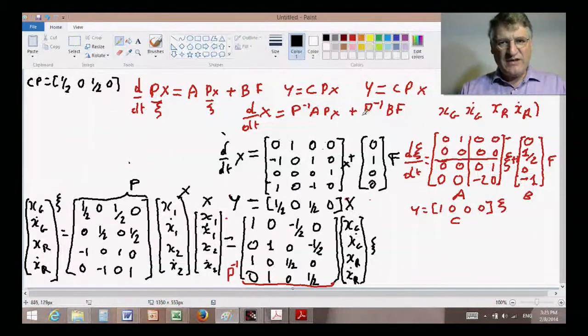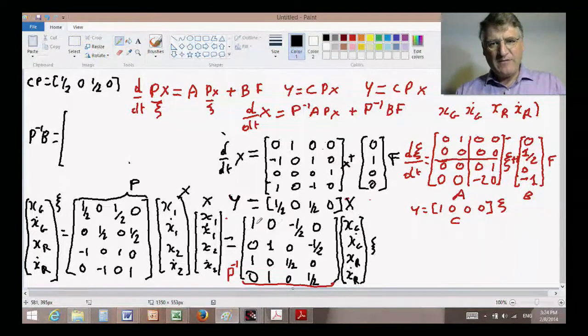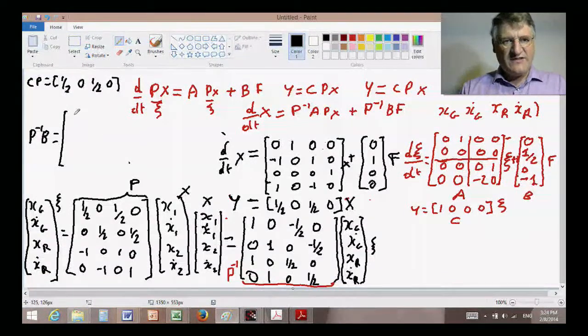Now, let's look at this matrix here. P inverse times B. B is here, P inverse is there. P inverse times B will be equal to a column vector, which we obtain by multiplying the rows of P inverse by the columns of B. The first entry will be this row times that column, and we get 0.